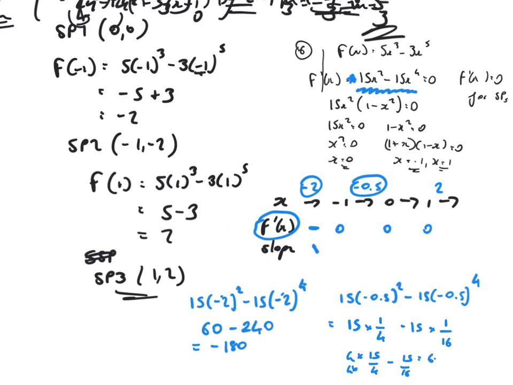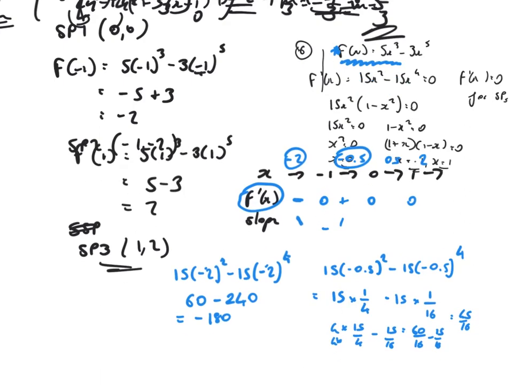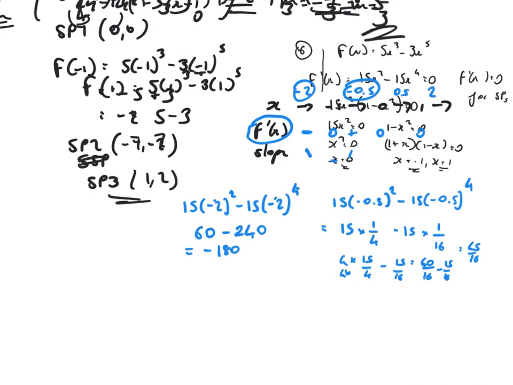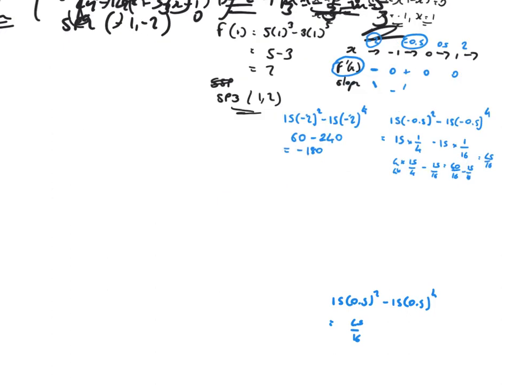That will be 60 over 16 minus 15 over 16, which is 45 over 16, which is a positive result. Let's now investigate what's happening at 0.5. Okay, so that will then give me the exact same result, which is positive. Okay, so the curve is going up.